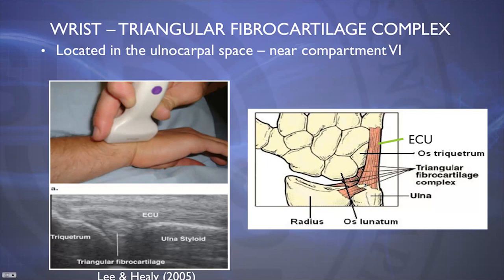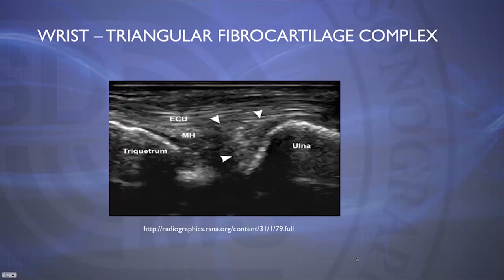And then right below the ECU, we'll see this triangular fibrocartilage between the triquetrum and the ulna styloid. So we'll be right in this region right here. This is just another image showing you the triquetrum, the ulna, the extensor carpi ulnaris, and then the triangular fibrocartilage.